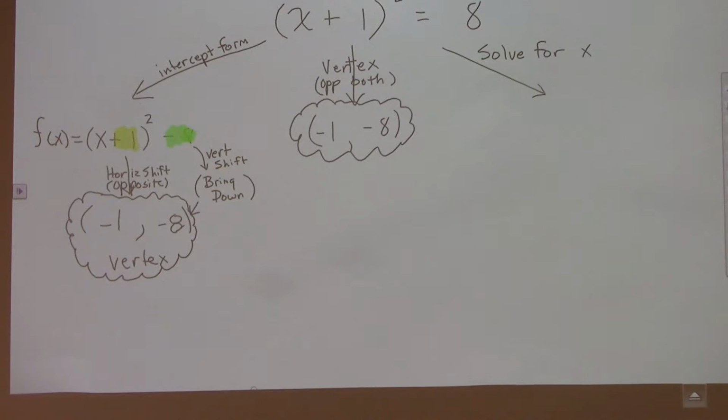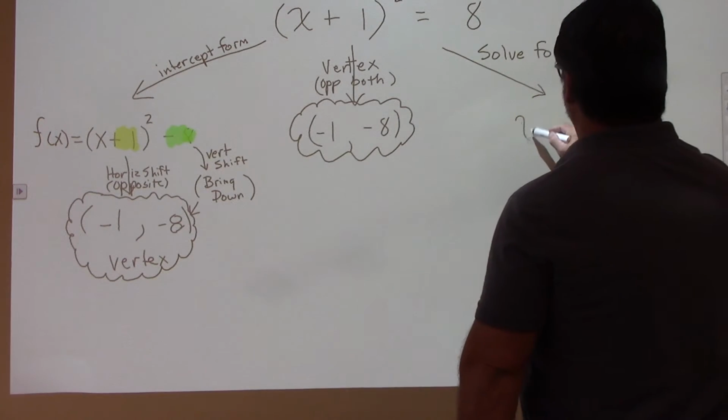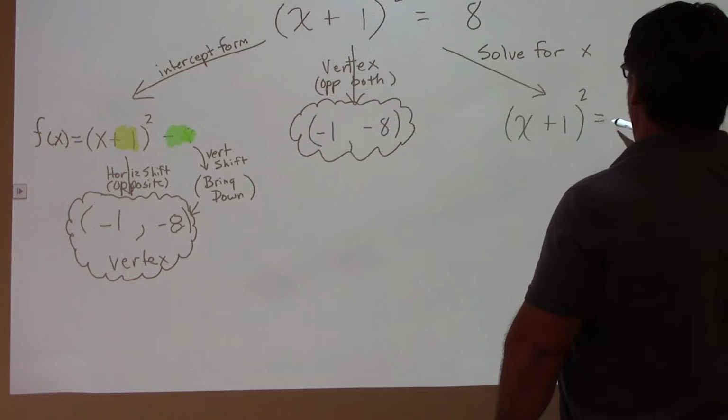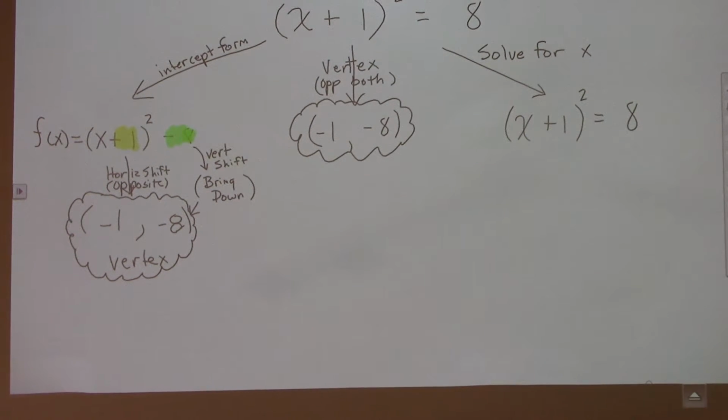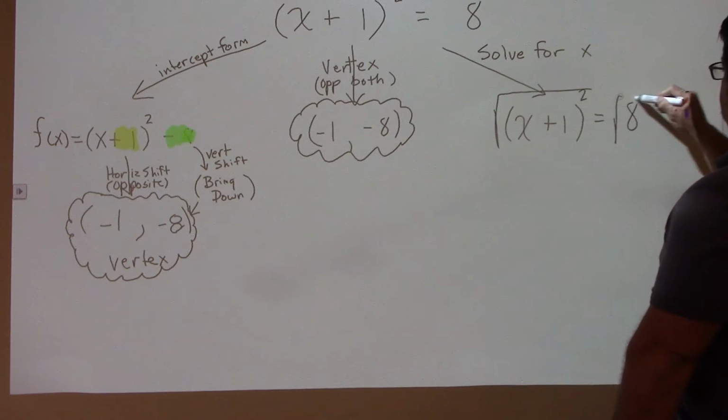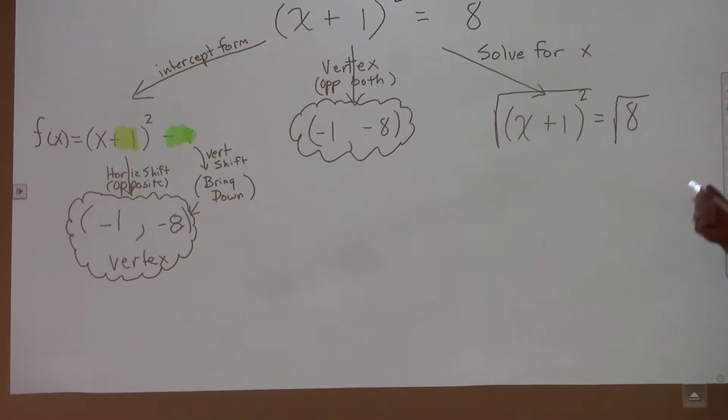And now we're going to solve for x. Okay, how do you undo a square? Take the square root. If you do it on one side, do it on the other. Now that's not hard, people.